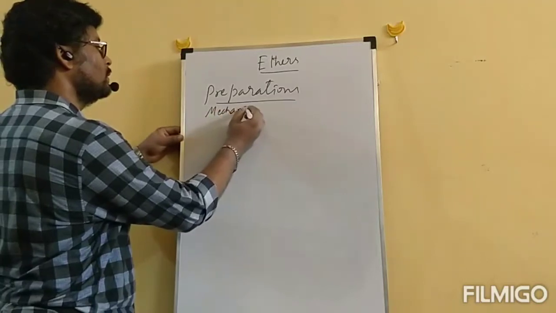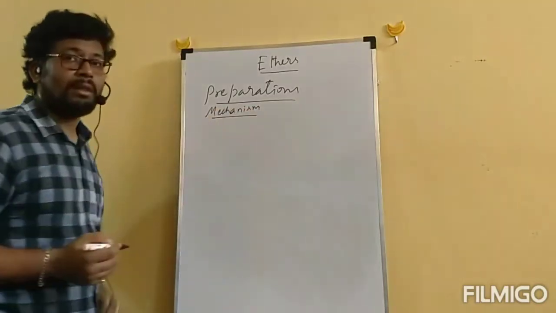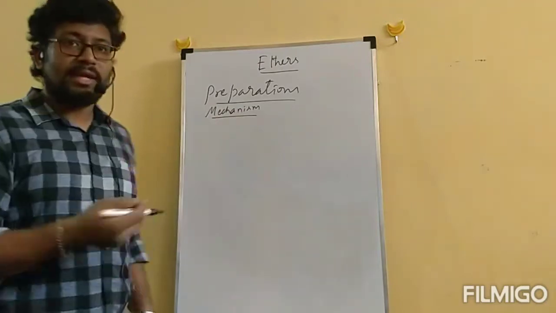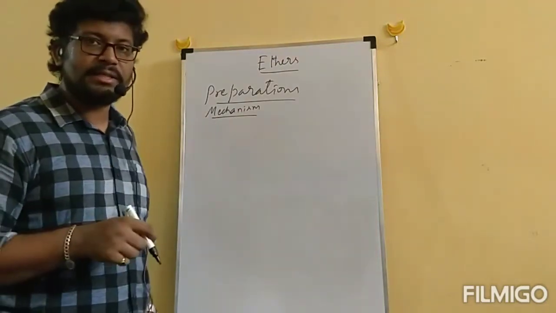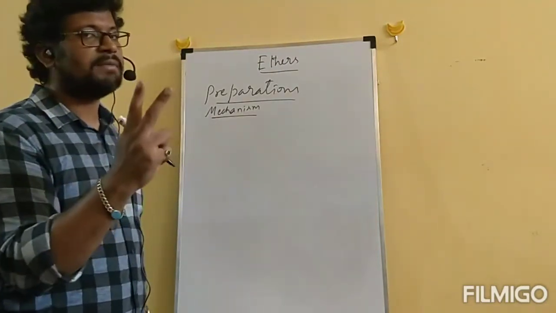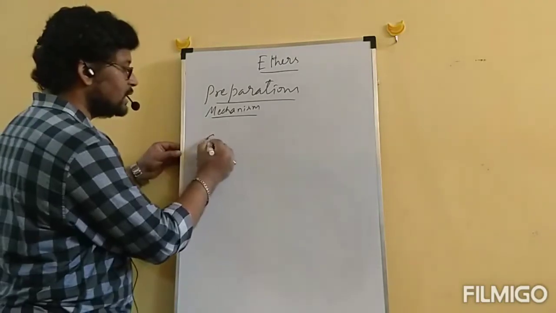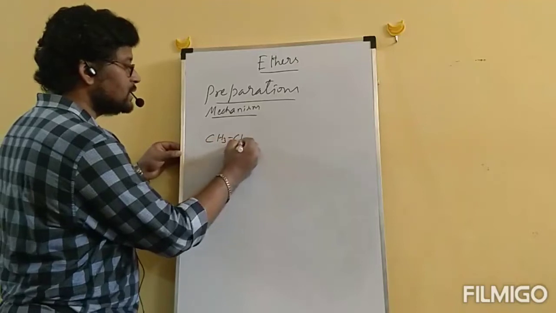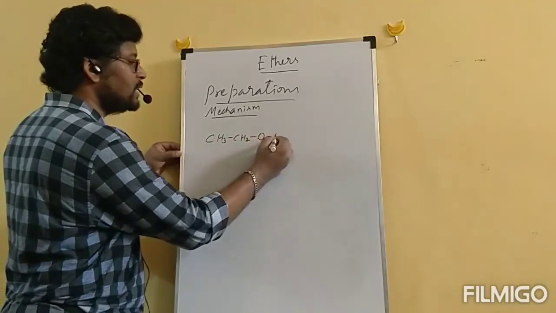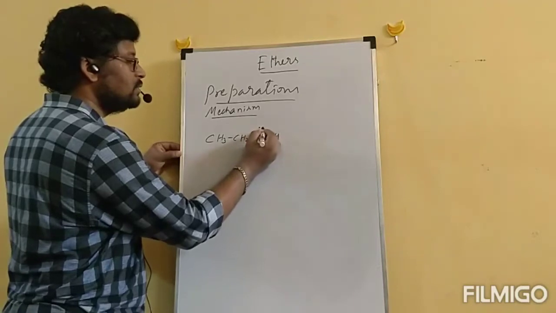Now we are discussing intermolecular dehydration. Means how many moles of alcohol must be required? 2 moles. Then we will take first mole, that is CH3CH2OH. Oxygen has 2 lone pairs.